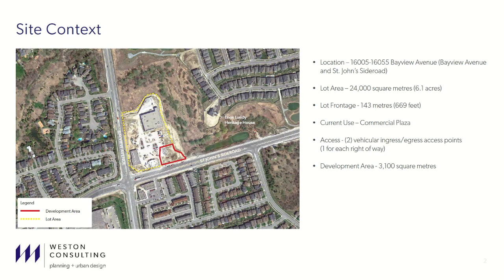The development area of the site is identified in red, and it represents about 3/4 of an acre, or about 3,100 square meters. The balance of the property is the commercial lot. And of course, the site is surrounded to the north and to the east by natural features, an unnamed tributary of the Holland River East Branch.